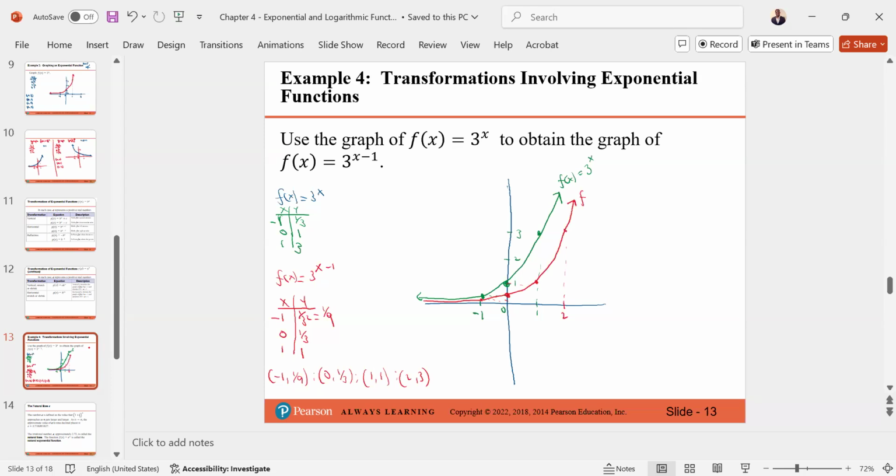This is f of x equal 3 power x minus 1. As you can see, we shifted 1 unit to the right. You can just shift it, or you go from 2 to 3, etc. And this is how we need to graph any exponent.